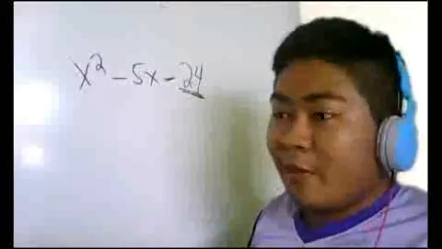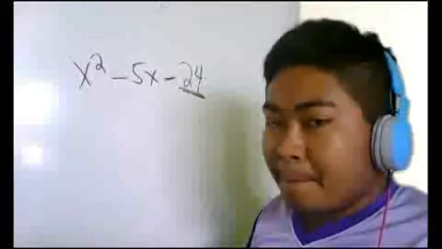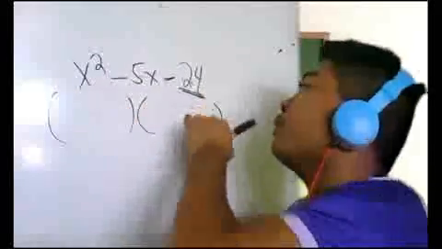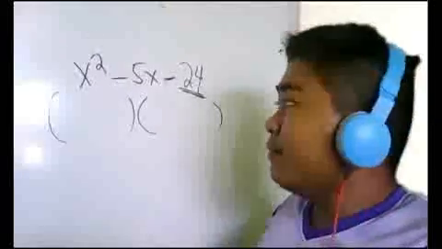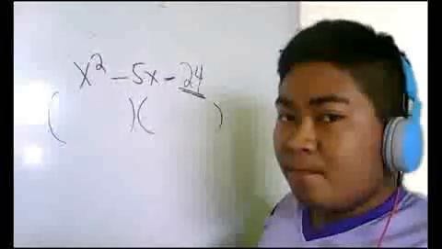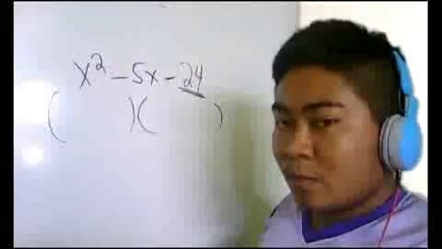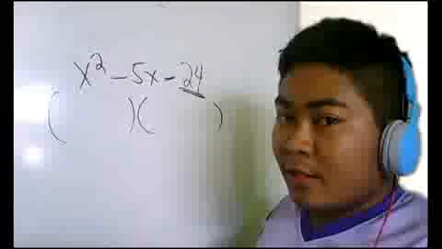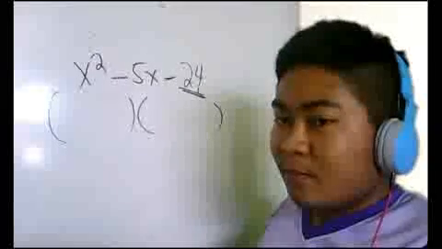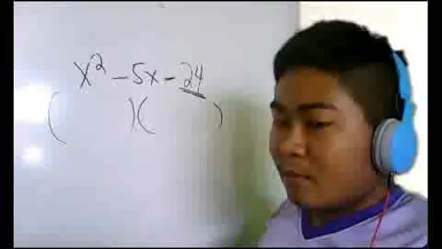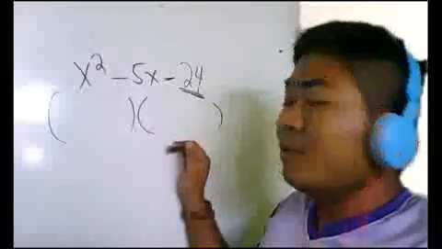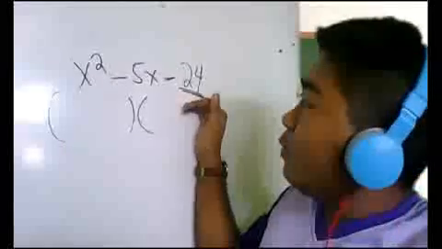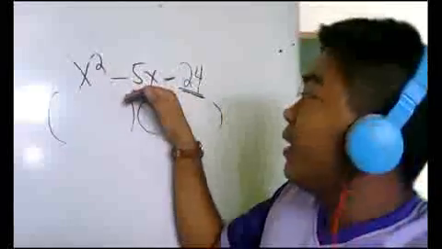Ayan, so paano kaya natin ito factor? An idea? So dahil factoring siya, we have two parentheses ulit. Kasi ang main rule natin dito is to factor 24 that when you sum it up, it would become our middle number.